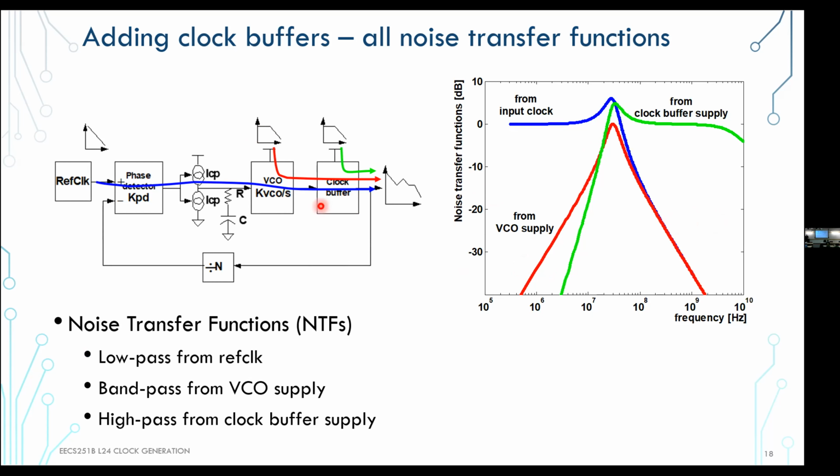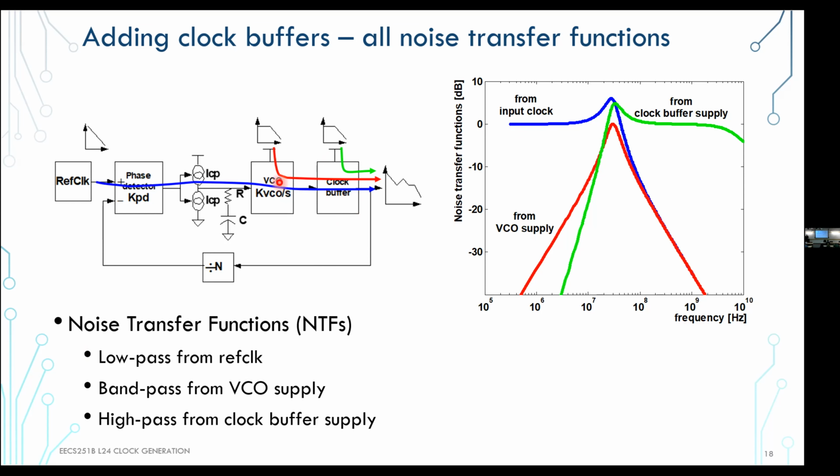And then we have the clock buffer. It depends where you take the feedback. Some clock generator designs include a little bit of a clock buffer to get some additional understanding of where the phase noise comes from in the buffer chain and try to have the loop compensate for that.